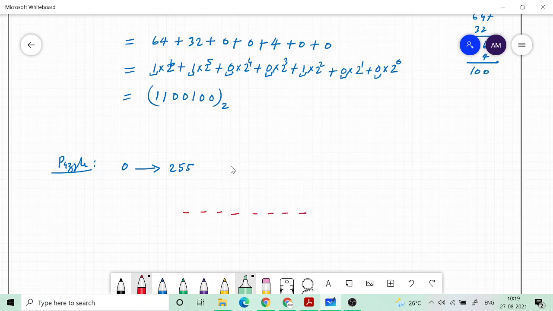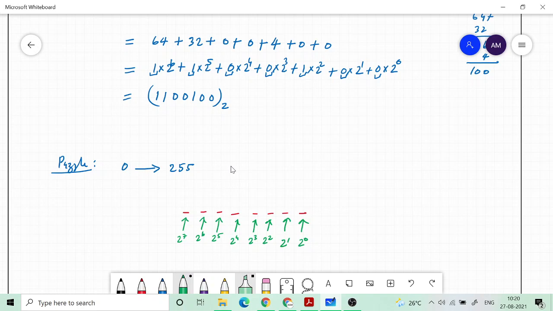This position corresponds to 2 raised to 0, this position corresponds to 2 raised to 1, this one corresponds to 2 raised to 2, 2 raised to 3, 2 raised to 4, 2 raised to 5, 2 raised to 6, and 2 raised to 7. Okay, so these are the 8 positions, and in each position I can put either 0 or 1, right?